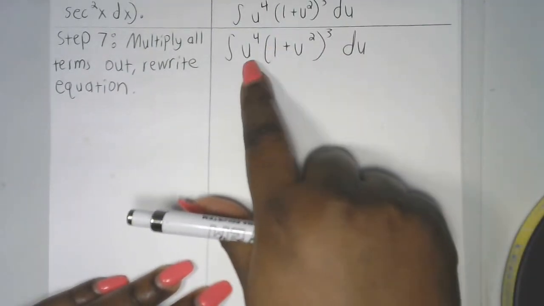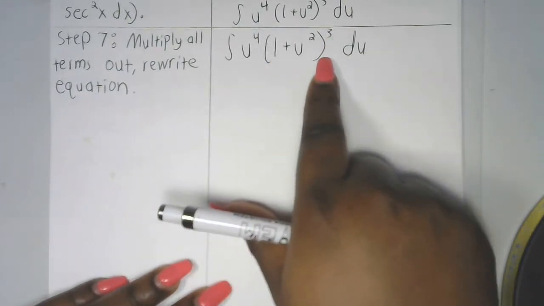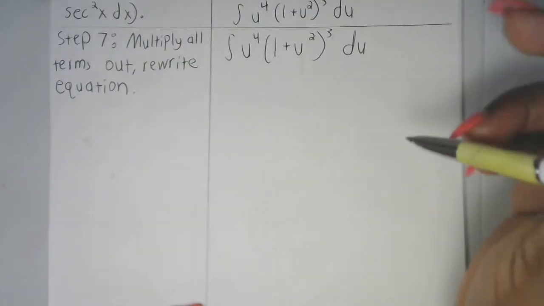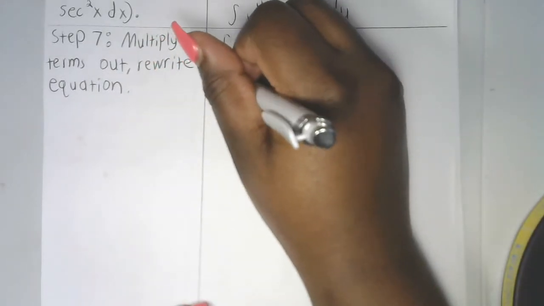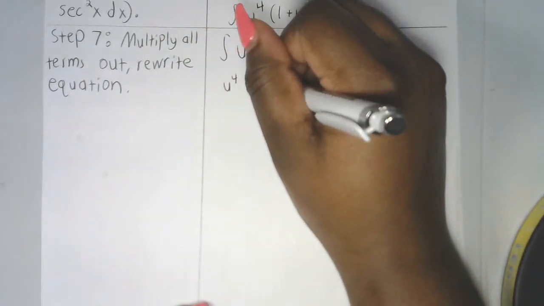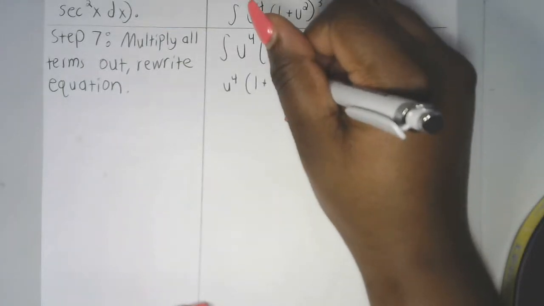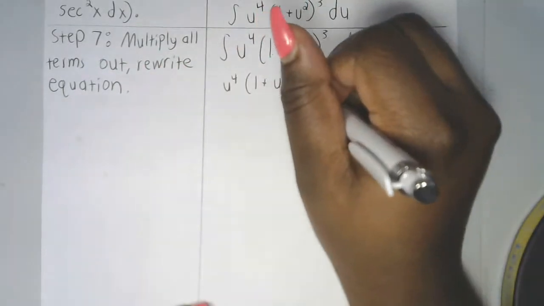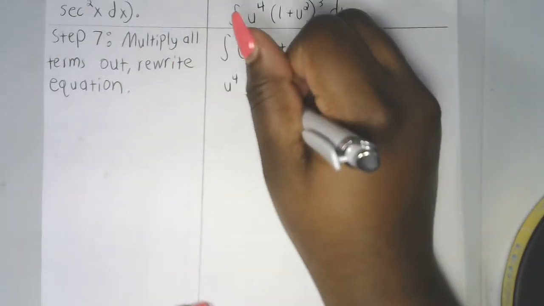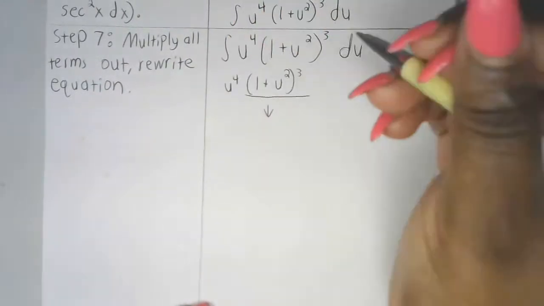So we're going to take all of the terms in the integrand, and we're going to rewrite the equation. So let's do this. U to the 4th times 1 plus u squared to the 3rd power. We're going to multiply all this out. We can start off with 1 plus u squared, and that whole thing cubed.